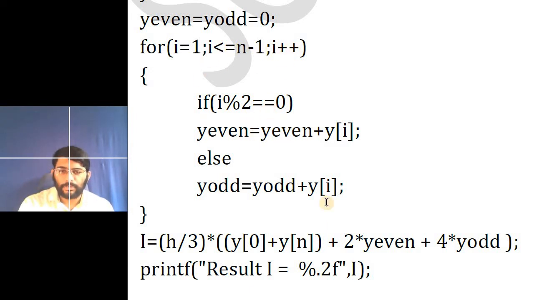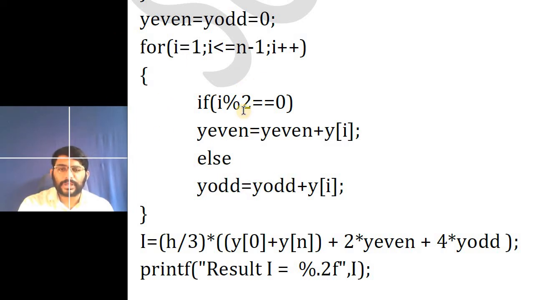Now, how do we know whether the value is even or odd? Take the value, divide it by 2. After dividing it by 2, if the remainder is 0, then the value is even. If the remainder is not 0, then the value is odd. So on that basis, here it is calculated whether i mod 2 is equal to 0. If yes, then take the even value. If not, consider it as an odd value.